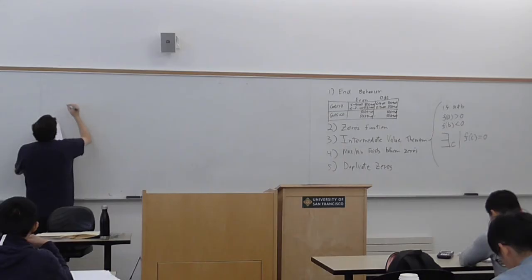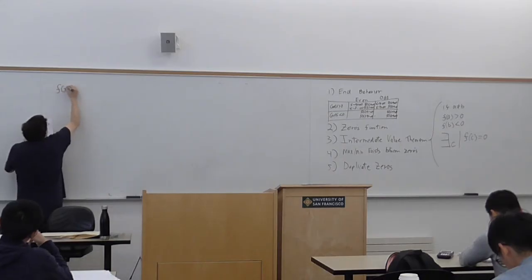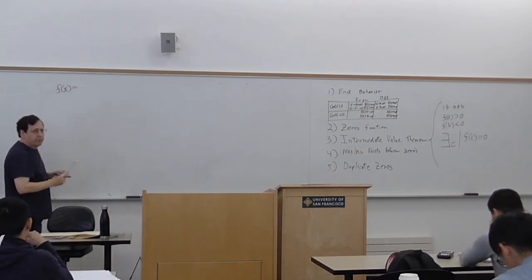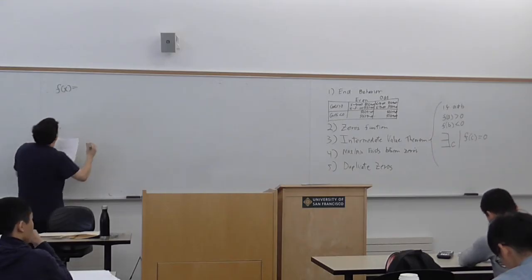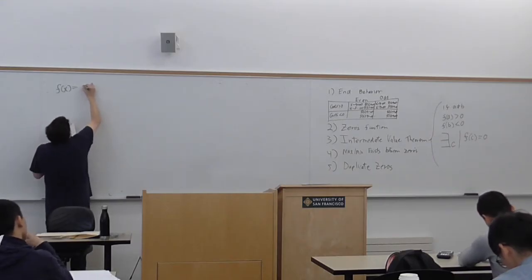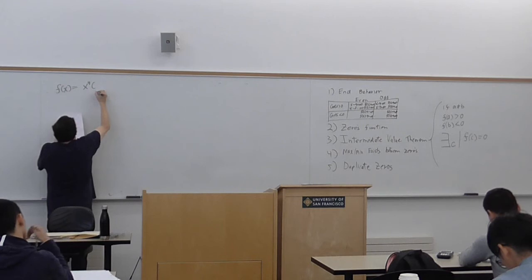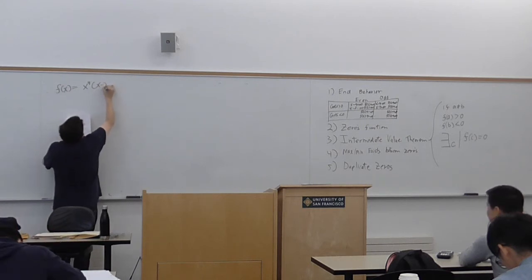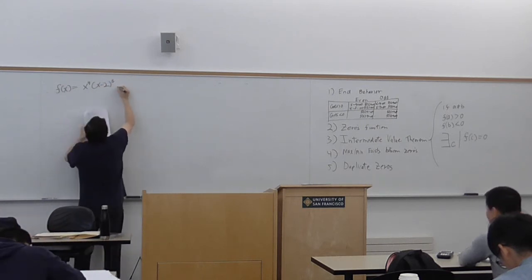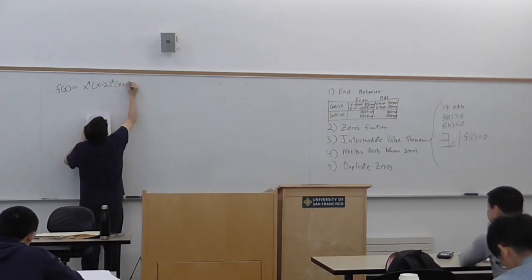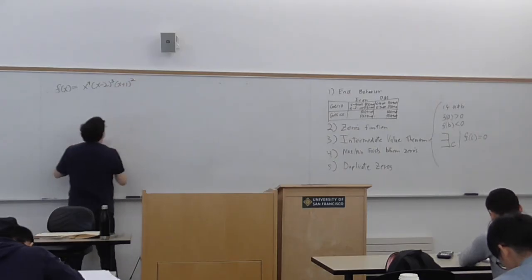To make this example a little easier to deal with, it's pre-factored for us. We're going to look at x to the 4th times x minus 2 cubed times x plus 1 squared.